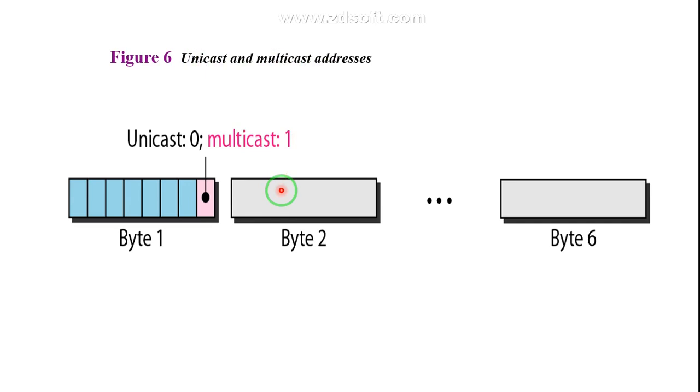So how to distinguish a unicast address from a multicast address? If the LSB, that is the least significant bit of the first byte in the destination address, is 0, then the address is unicast, otherwise it is multicast.